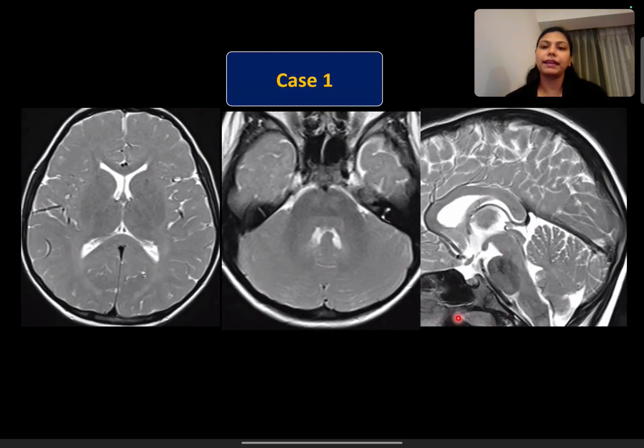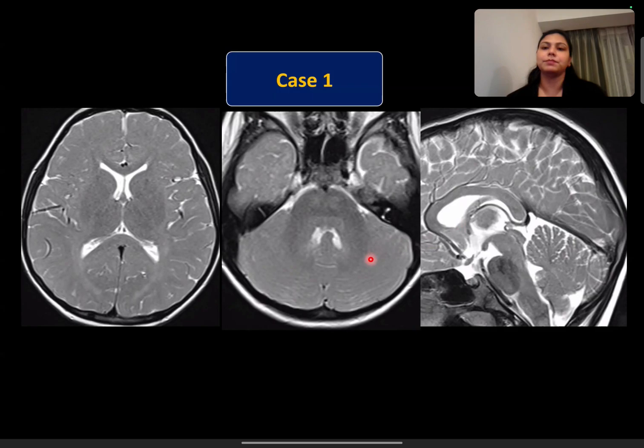It is a hypomyelinating leukodystrophy. Any hypomyelinating leukodystrophy which you know of, and which you think it can be? What is the prototype hypomyelinating leukodystrophy? Yes, very good. So it is diffuse hypomyelination.